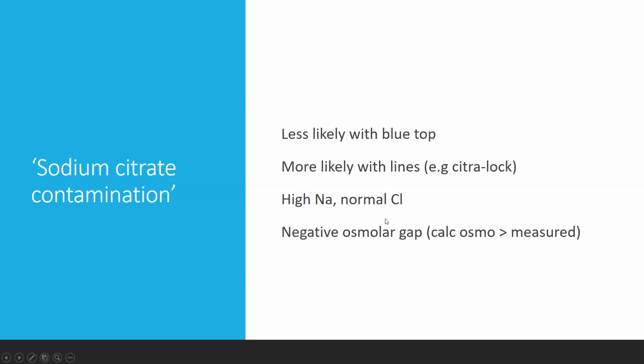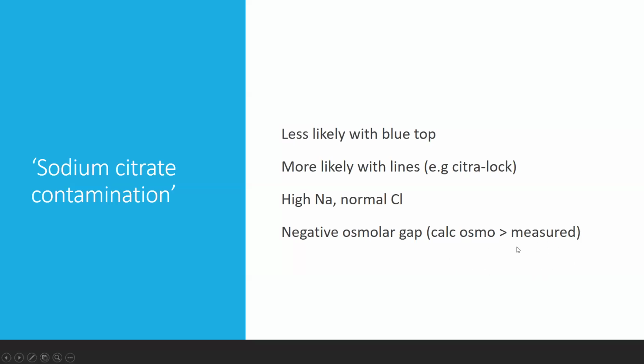Now, typically what you see is an abnormally high sodium with a normal chloride. Now, the other thing that you can do if you suspect this is that you can actually run an osmolality on the sample. And what you'll find is that you get a negative osmolar gap. Your osmolar gap being your measured osmolality minus your calculated osmolality.